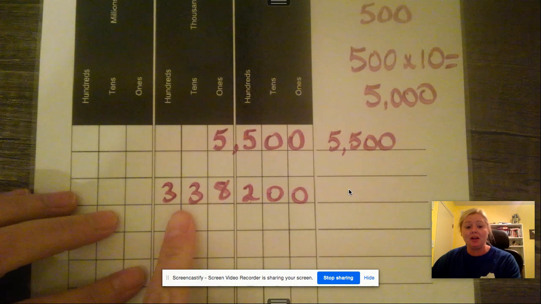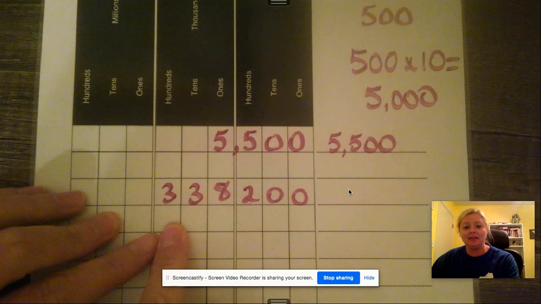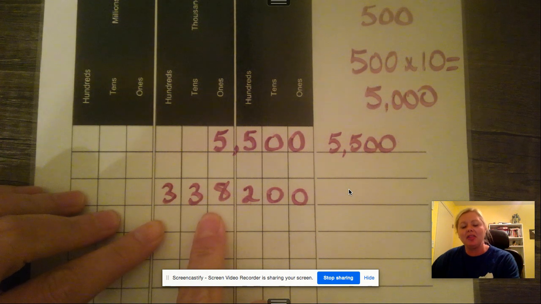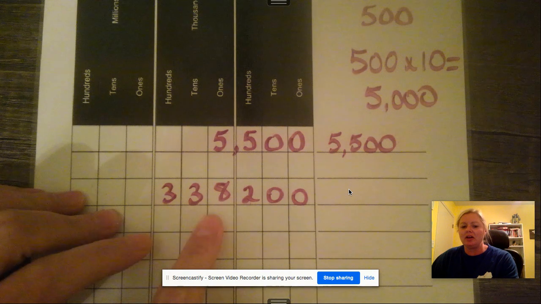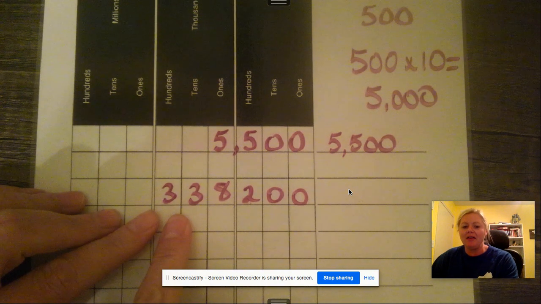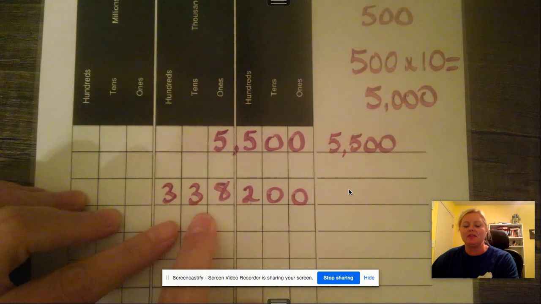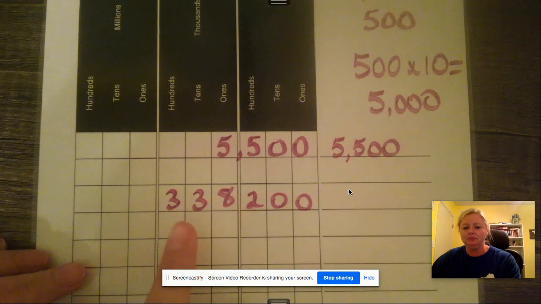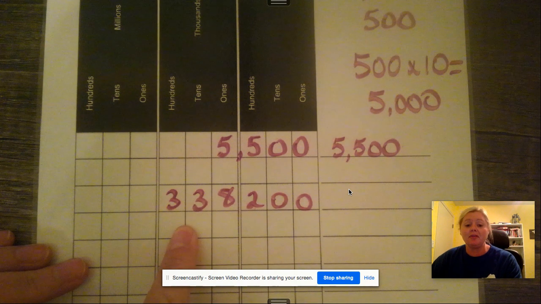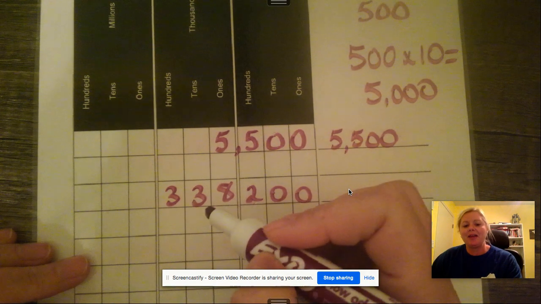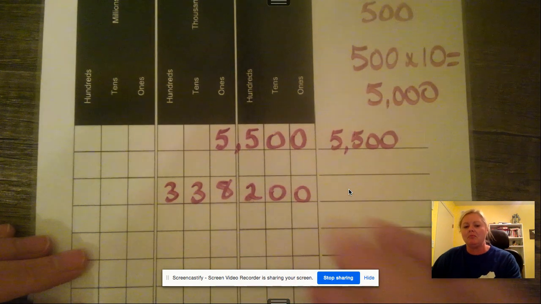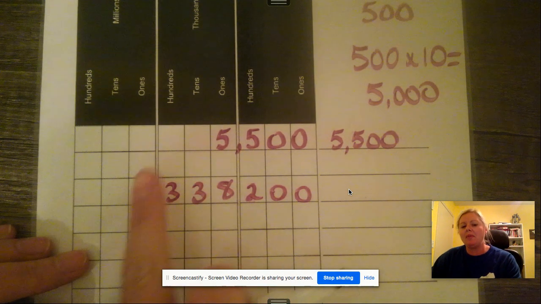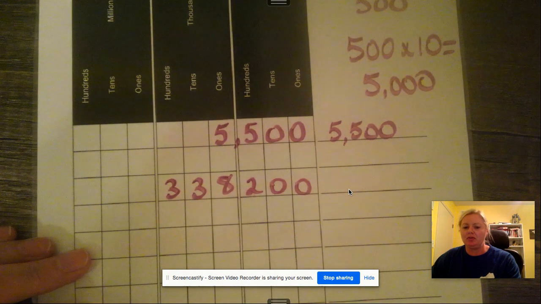Right, I'm going to look at my 300,000 and I'm going to look at my 30,000. So which of these numbers is greater? The 300,000 on the left or the 30,000 on the right? If you said 300,000, you're correct. So if I have my 300,000 and my 30,000, what do I know about the relationship between the two?